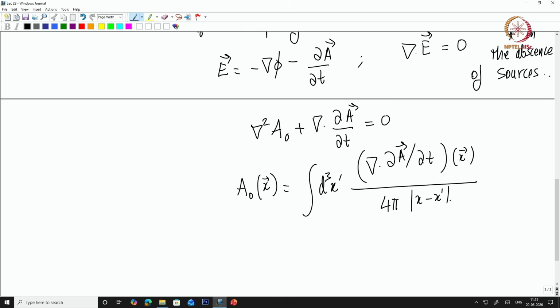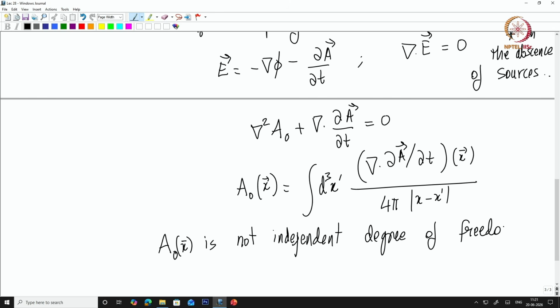The Laplacian of A0 you can solve by taking the source to the right side. So this formal expression can be solved, but the important point to note is that A0 is no longer an independent degree of freedom; it is determined completely by A bar.